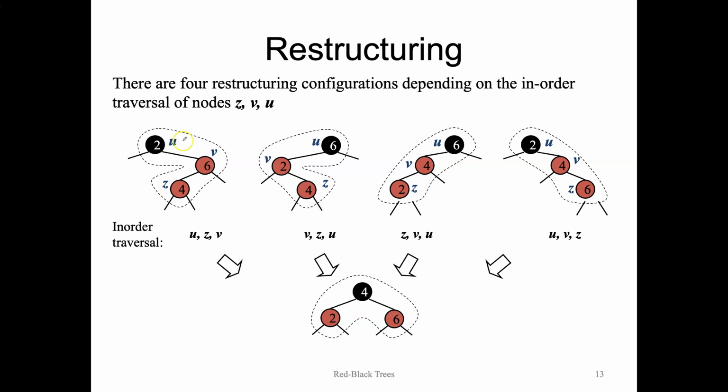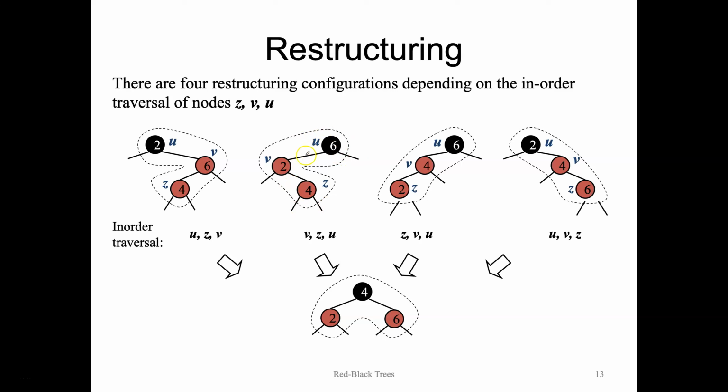So in any one of these situations we're going to consider the double red that we created and the parent of that double red, these three nodes, and we're going to relabel them based on how they would come in an in-order traversal, from smallest to largest. So we're going to relabel them as A is the smallest, B is the middle one, C is the largest one. So we did this one in the last example.